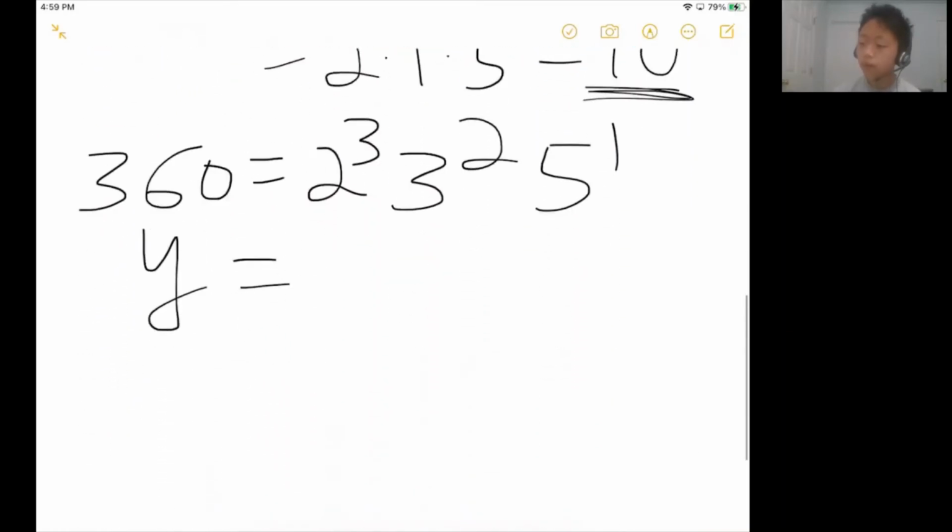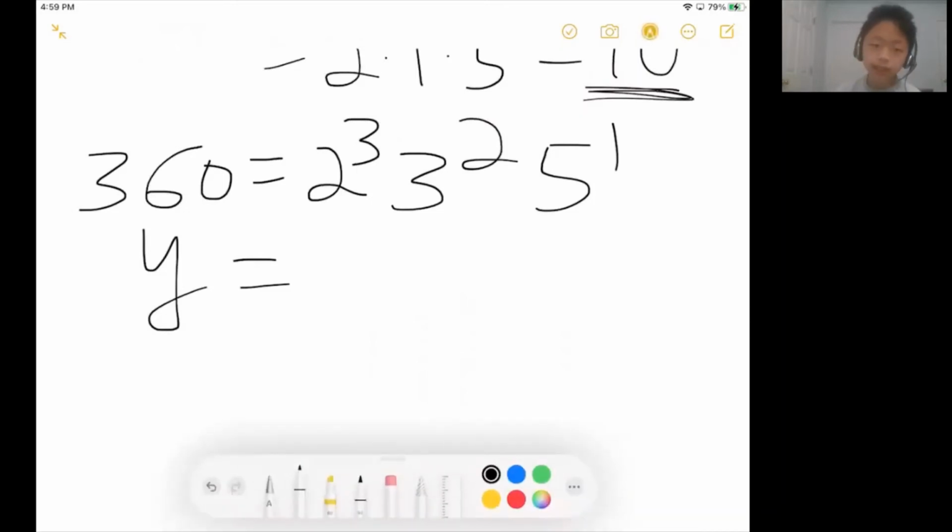Again, we consider each prime power individually. First, 2 cubed is already a perfect cube. 2 to the power of 3 is 8, but you don't even need to calculate it. So we don't need any factors of 2 in y. I can just write 2 to the 0.